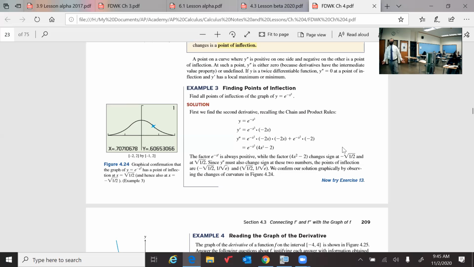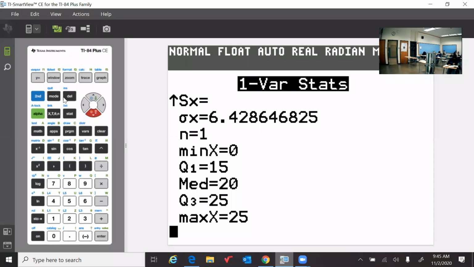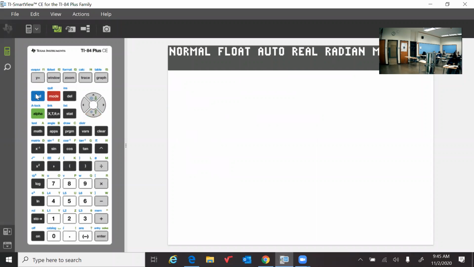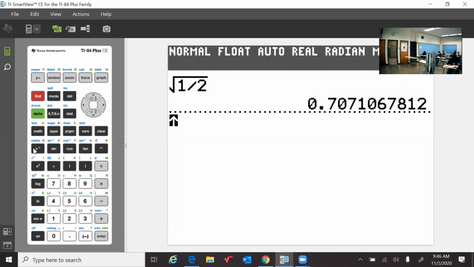Need confirmation, you go to the calculator. The square root of 1/2 and the square root of 2 divided by 2.